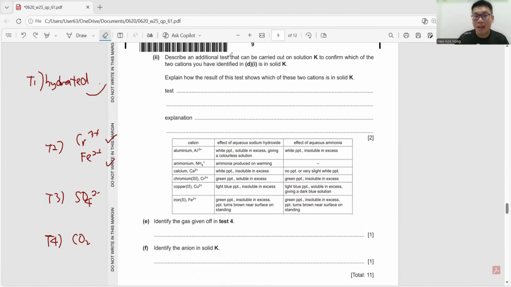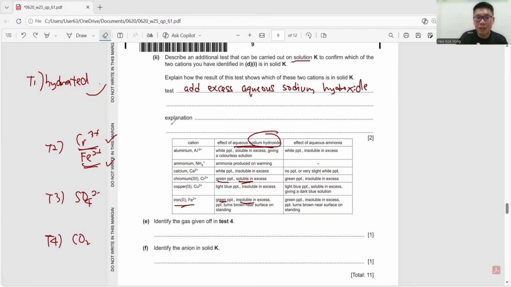Then it says, describe an additional test that can be carried out on solution K to confirm which of the 2 cations you identified in D1 is in solid K. To differentiate chromium and iron 2, we can use this because chromium will be soluble in excess, iron 2 is insoluble in excess. So we can test with excess aqueous sodium hydroxide.